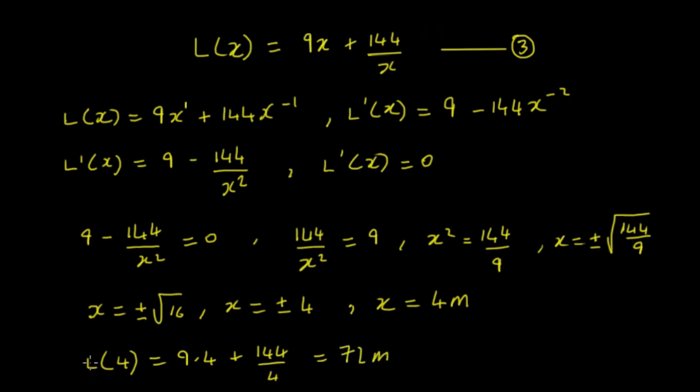So this gives you the total length of the fencing whenever x is equal to 4. So this is going to be the minimum amount of fencing that you can use in order to ensure that the area remains at 108 meters squared.